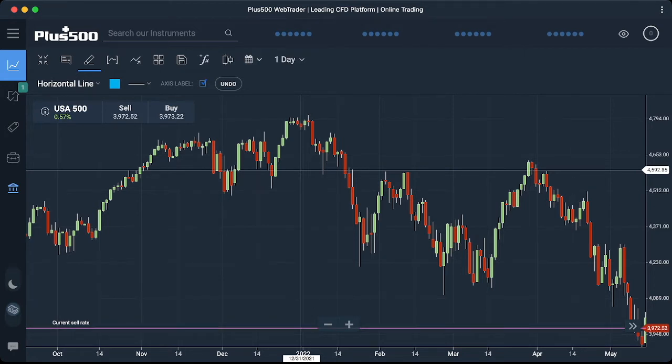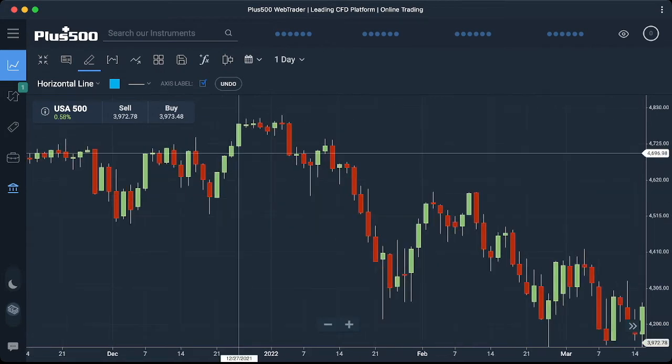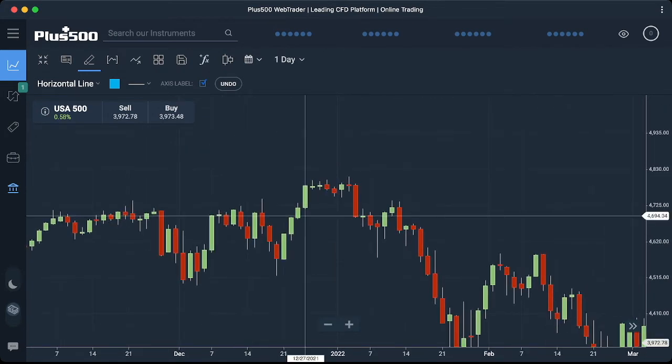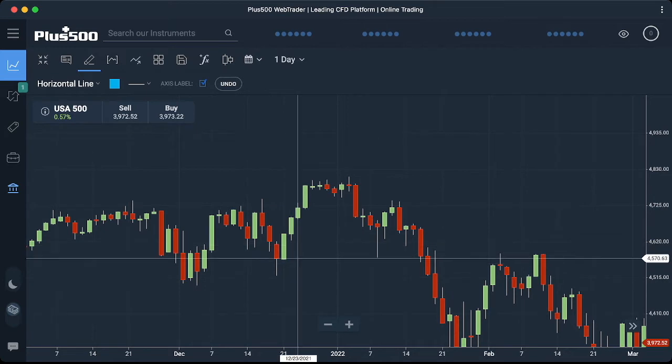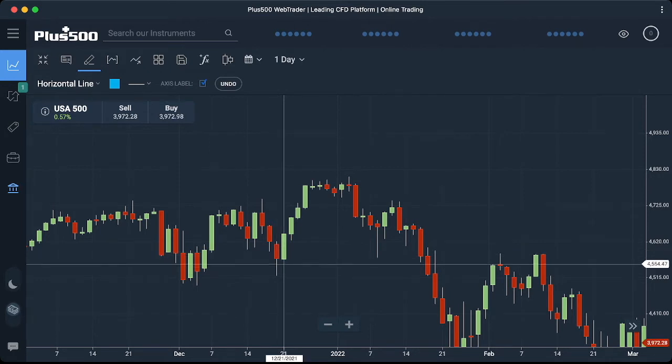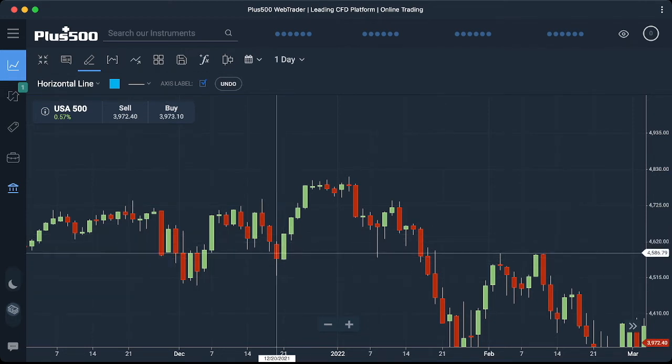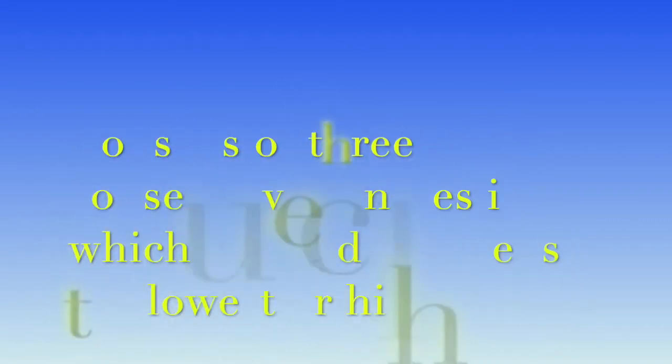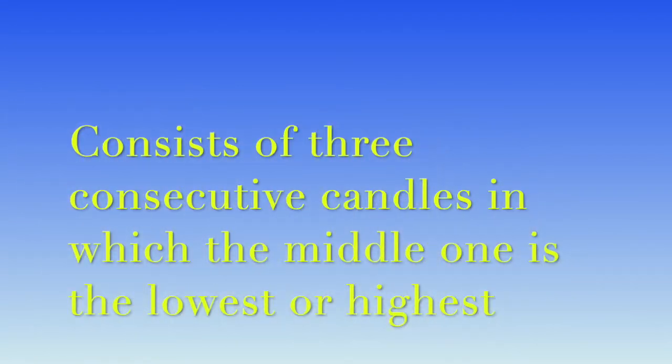So let me zoom in here and show you how price is moving. As you can see, this daily candle is going to the downside, and then we get another bullish candle to the upside. This is what we define as a swing low in the market. It consists of three candles.